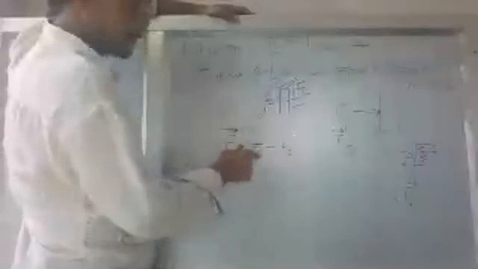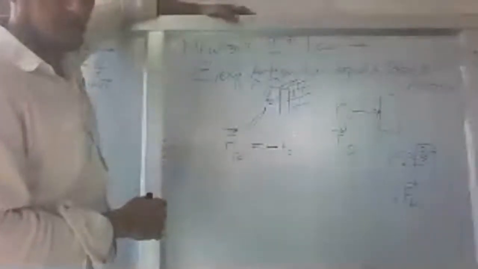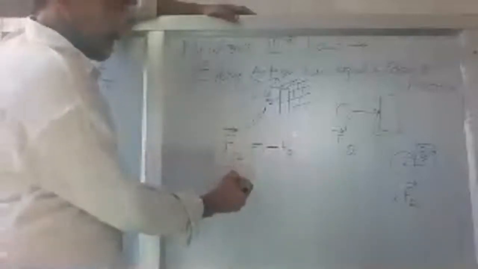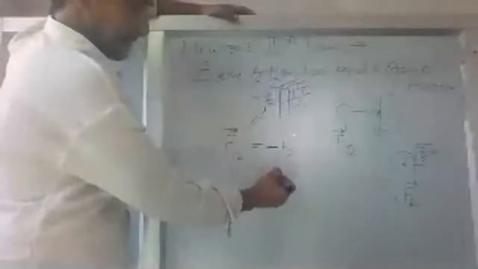So F12 is equal to minus F21. Every action has an equal and opposite reaction. This is Newton's third law. F12 is equal to minus F21.